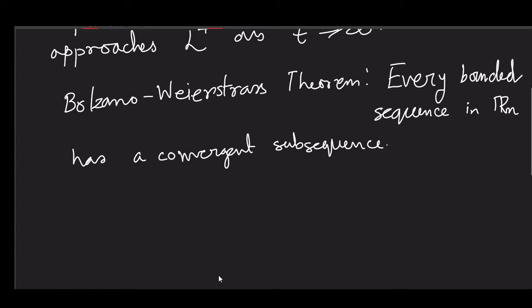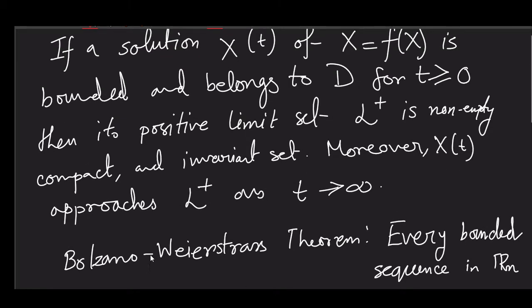Rather, we will just use this statement to understand our own lemma that I have just written here: if a solution is bounded and belongs to D for t greater than 0, then its positive limit set L plus is non-empty, compact and invariant. Moreover, x(t) approaches that positive limit set as t tends to infinity. So we'll try to understand that.